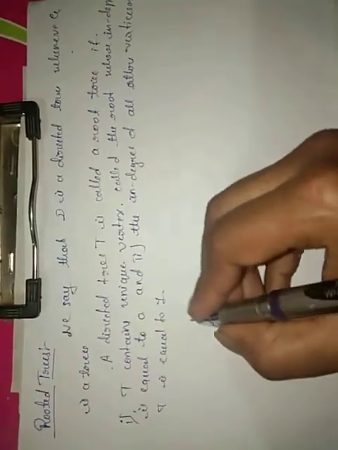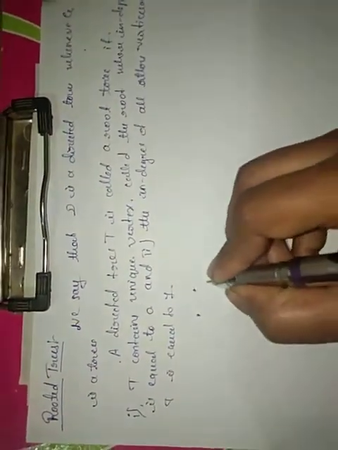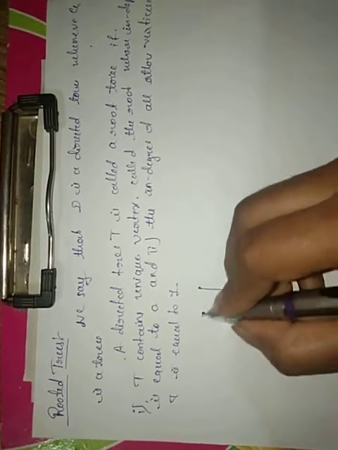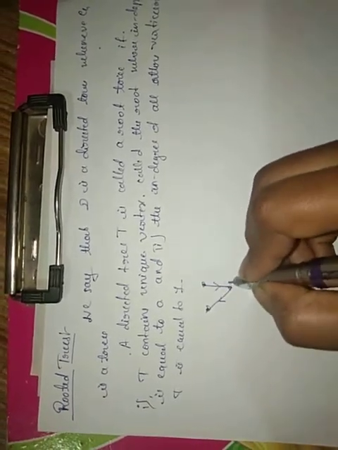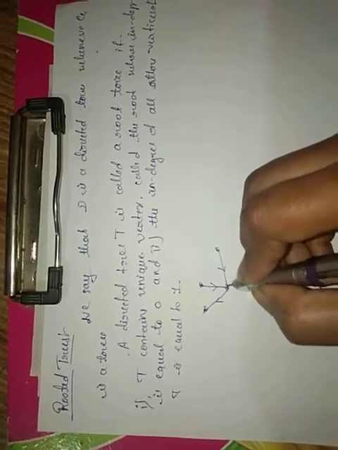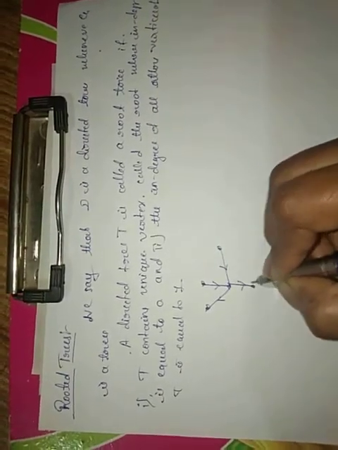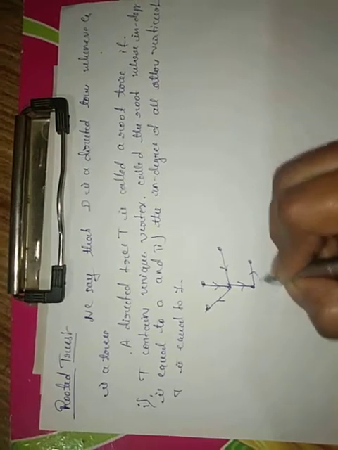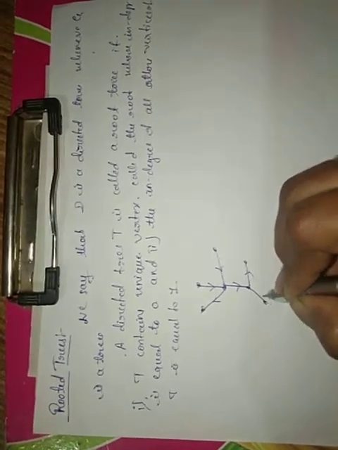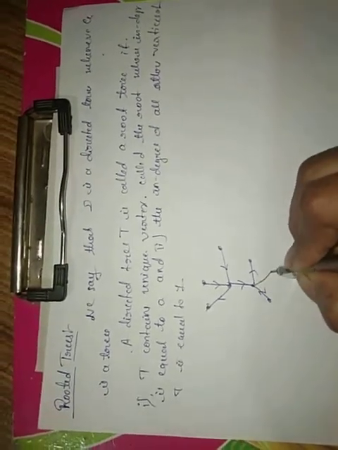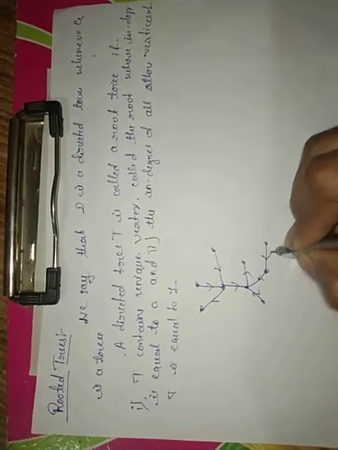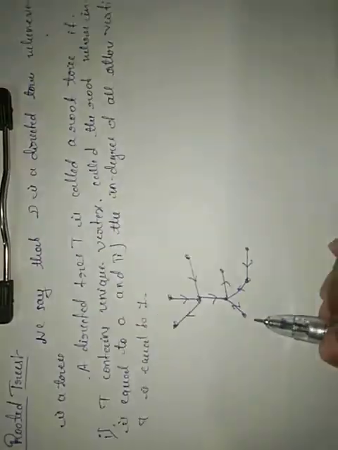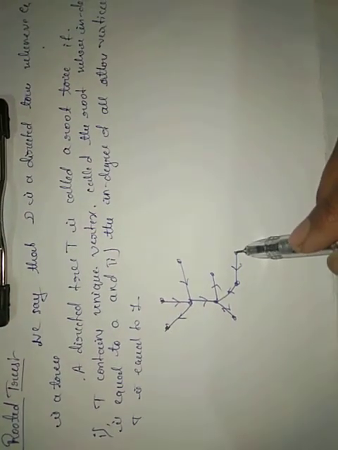See the examples here. The vertex whose in degree is equal to 0, here the in degree is equal to 0.